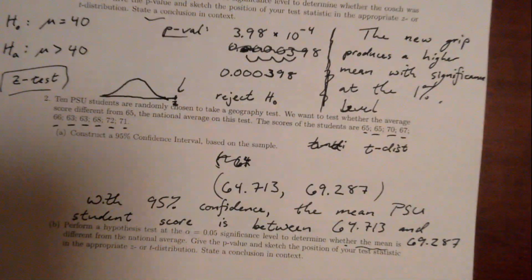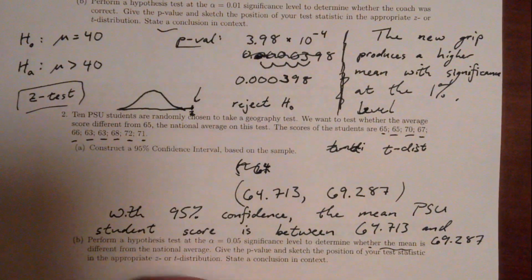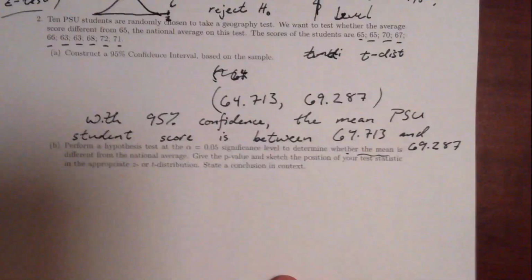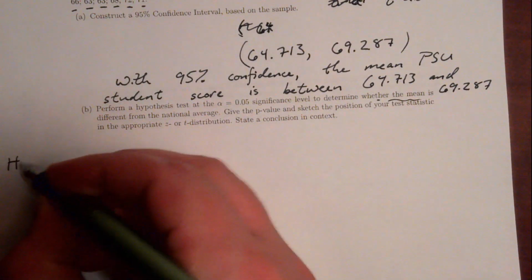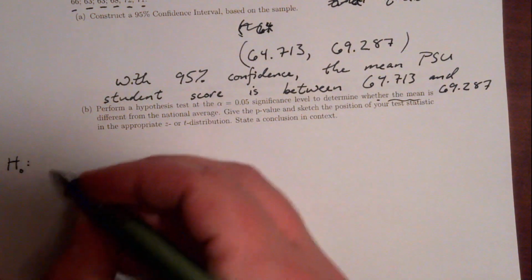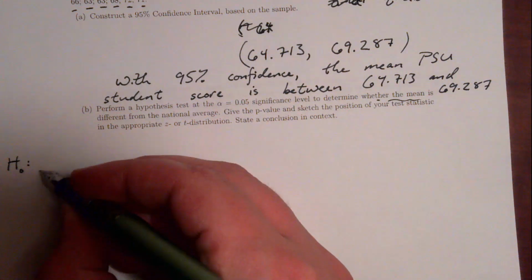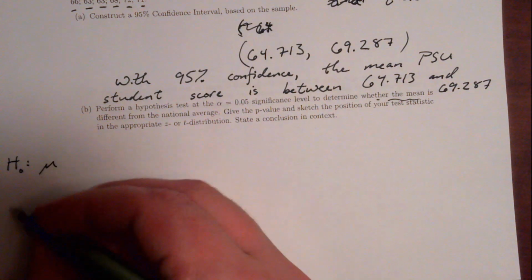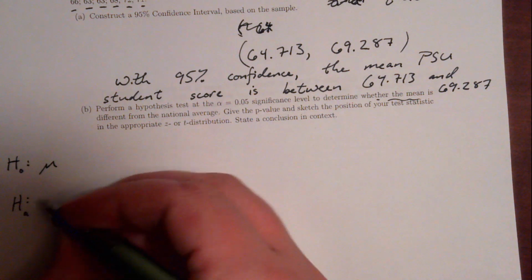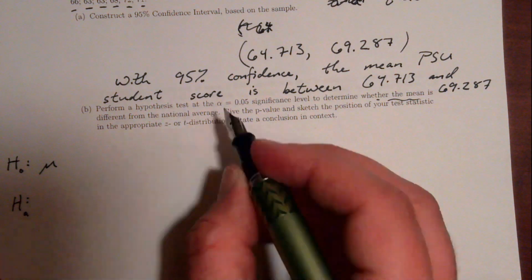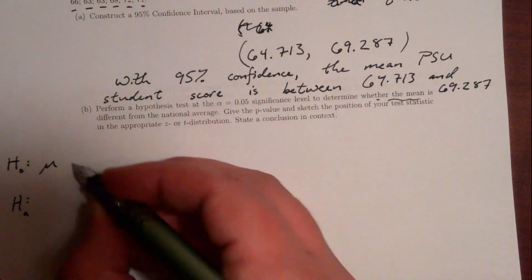Okay, so let's quickly figure that out. So the null hypothesis in this case is going to be whether the mean for PSU is the same or not the same as the national average. And the national average was 65.